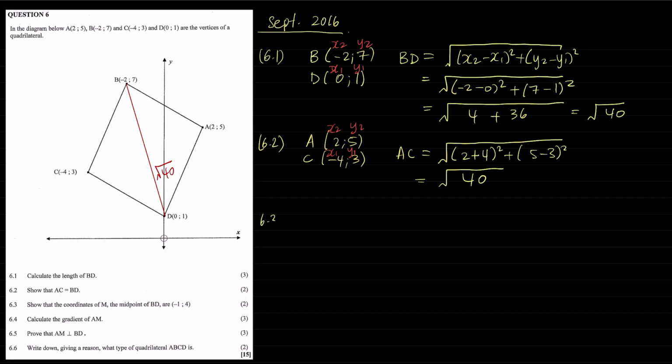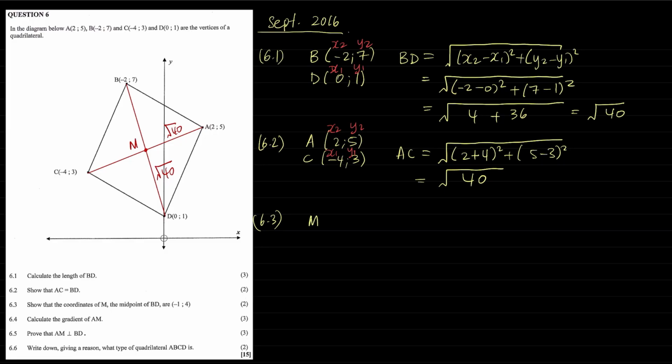Question 6.3. So let me just fill this information in like this. That is the square root of 40. And they said, next one, show that the coordinates of M, the midpoint, is minus 1 and 4. So midpoint of BD. We can use the coordinates as we've done before.